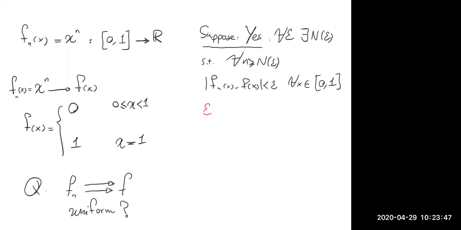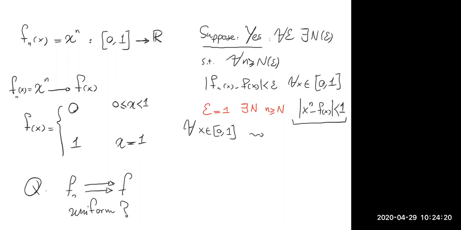Well, take epsilon to be 1. Therefore, there exists an N such that for all natural numbers greater than that, Fn of x, which is x to the n, minus f of x, is going to be less than 1. This is supposed to be correct for any x in this interval.